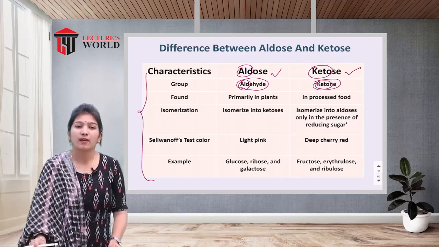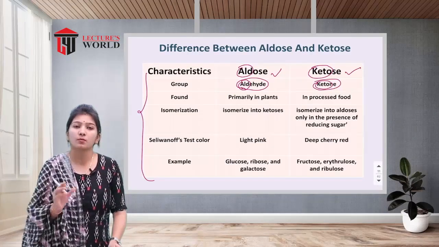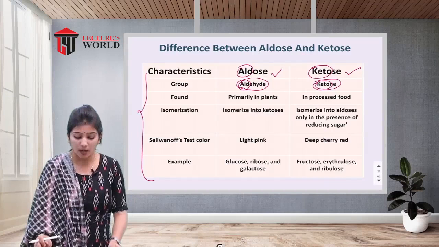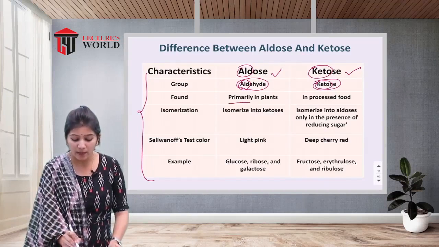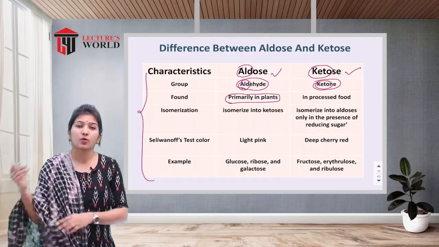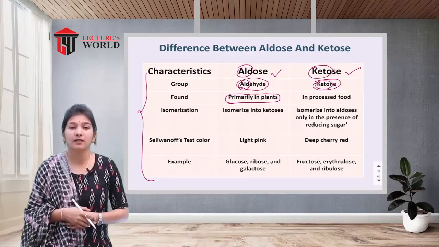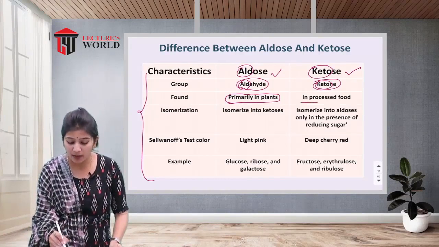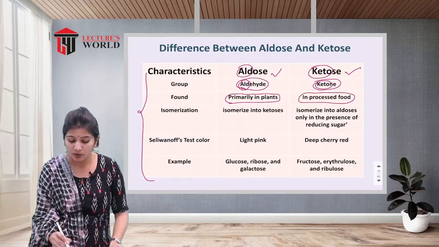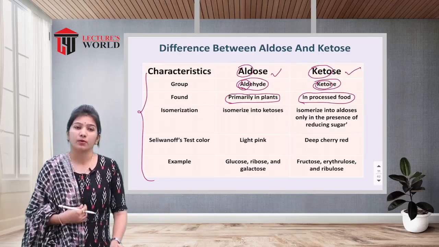Next is where they are found, in which source these monosaccharides are available. The aldose are primarily available in plants, in the vegetarian source. The ketose are found in processed food. So what is the meaning of processed food?